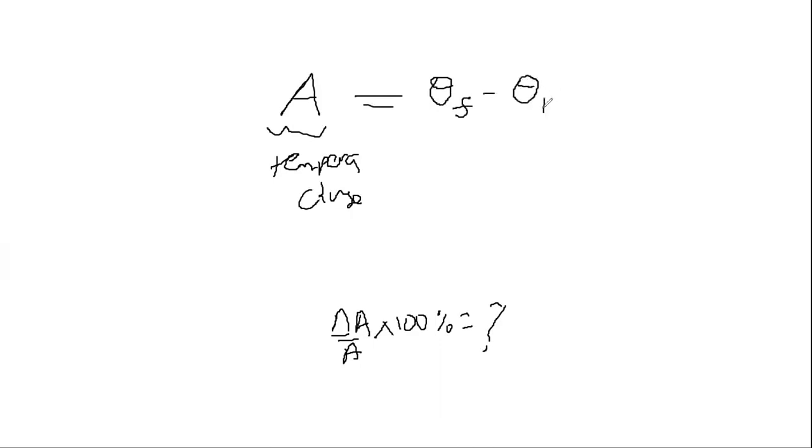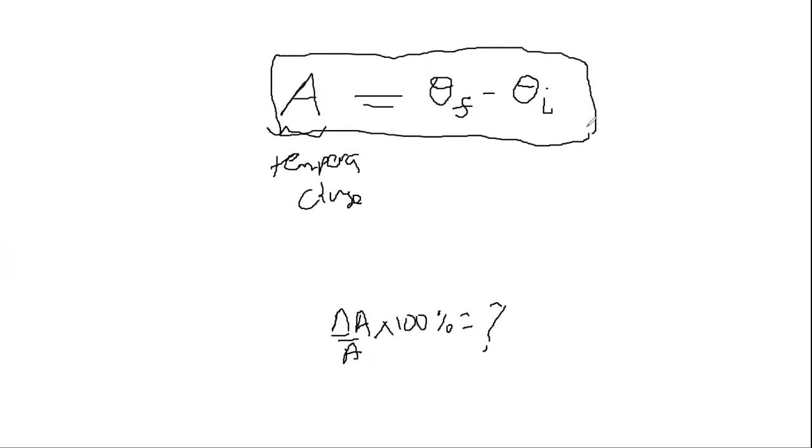The question is looking for change of A over A times 100%. Decide what the question is asking. So A equals what? The final temperature minus the initial temperature. I wrote a formula using my own symbol, but I'm looking for this.